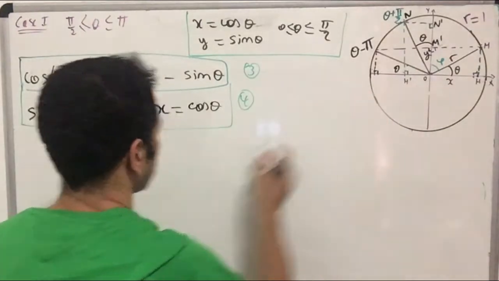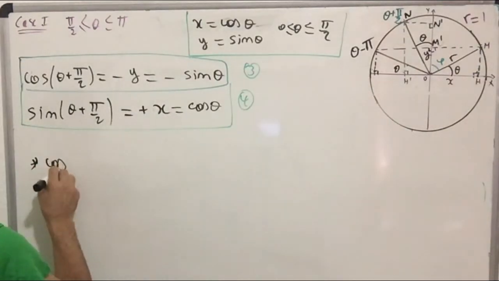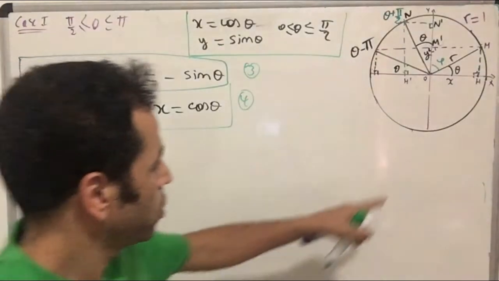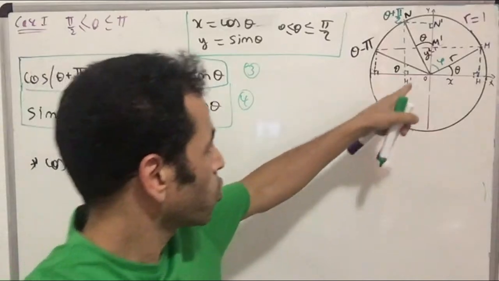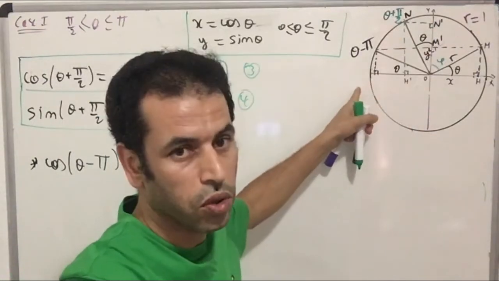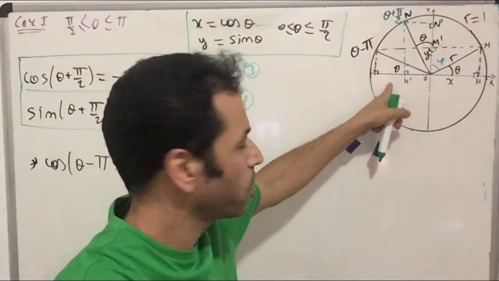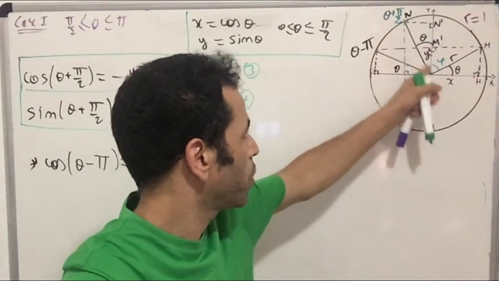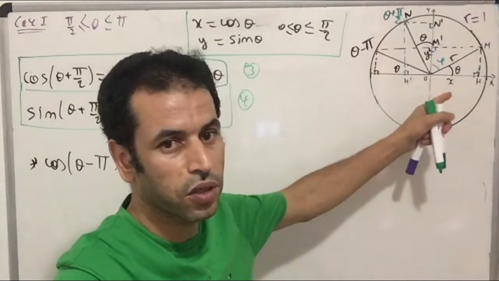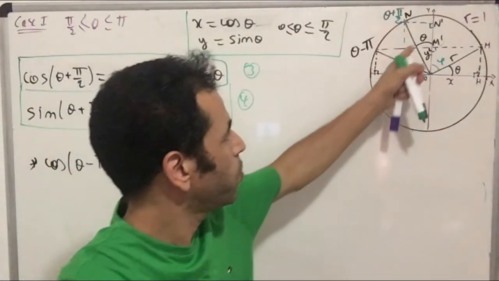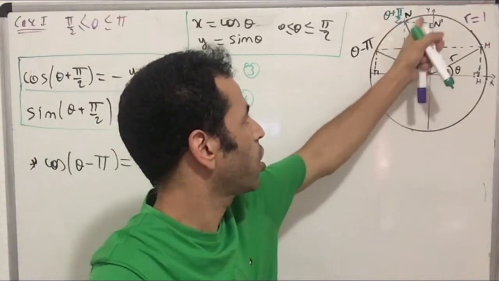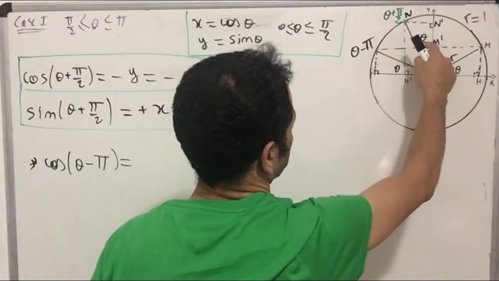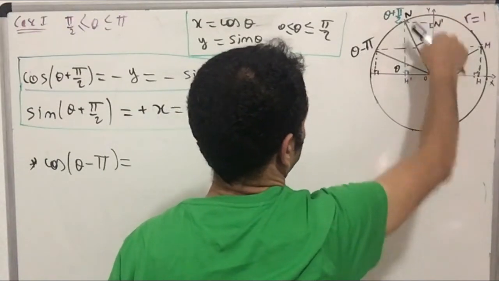So let's move on to cosine. Start with cosine of theta minus pi. Remember one thing: cosine between pi over 2 and pi is always negative because it's located in the negative direction. But from 0 to pi, sine is always positive because when you do the projection on the vertical axis, sine theta is positive.